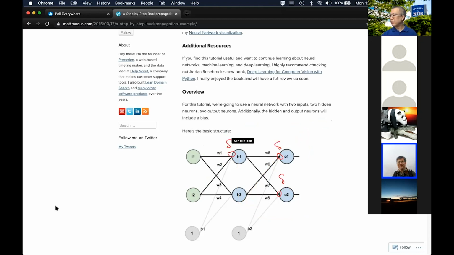And these are going to help me compute all of the other values. Because if I want to know, for example, how to change W4, all I need is this delta here. If I need to know how to change W6, all I need is this delta up here. Those are the only pieces of information that I need in order to figure out what to change W6 or W4 for.